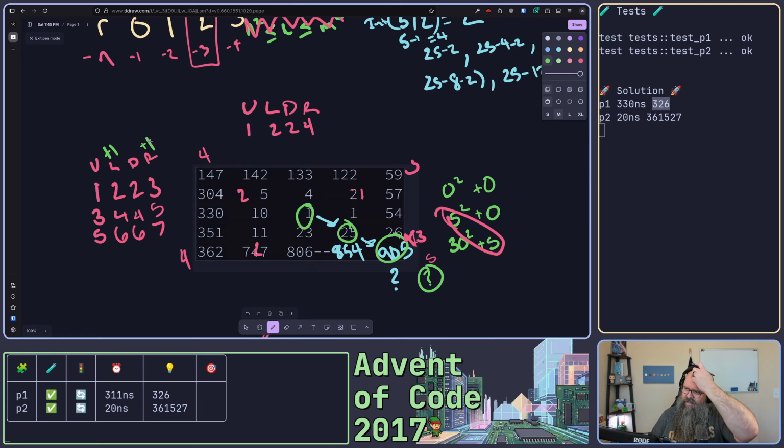Is that right? And we're always going to go in this order: up, then left, then down, then right, and then up again, left, down, right, up.